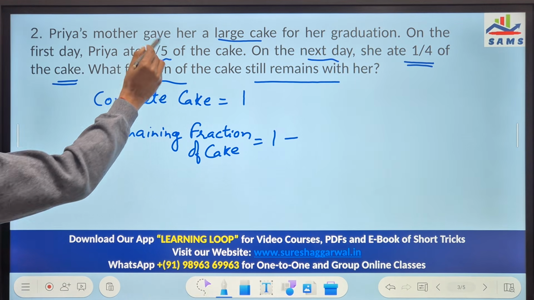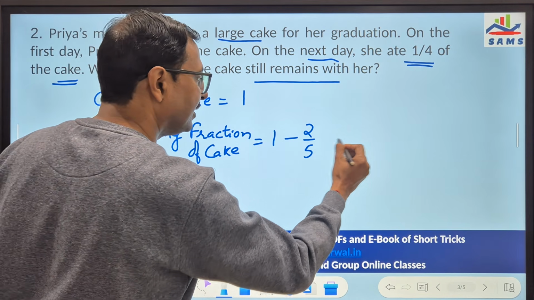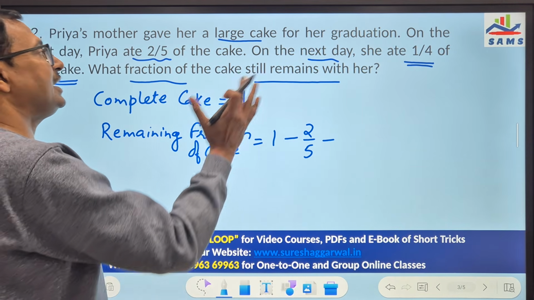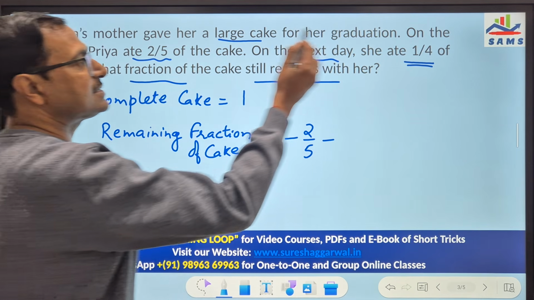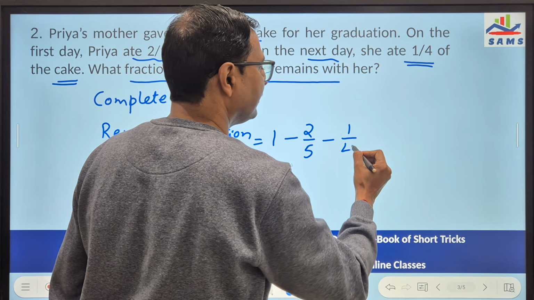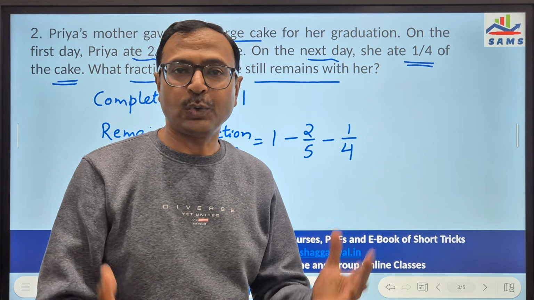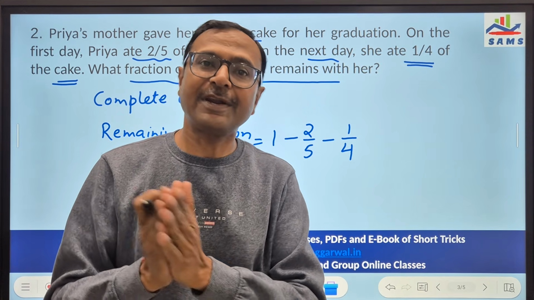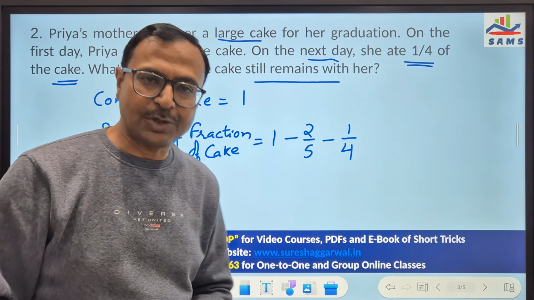She ate 2/5 on the first day, and then minus, because she ate away that much, therefore we are subtracting, and on the next day 1/4. So we need to do 1 minus 2/5 minus 1/4 to get our required fraction remaining, and this is the mathematical formulation of the problem.